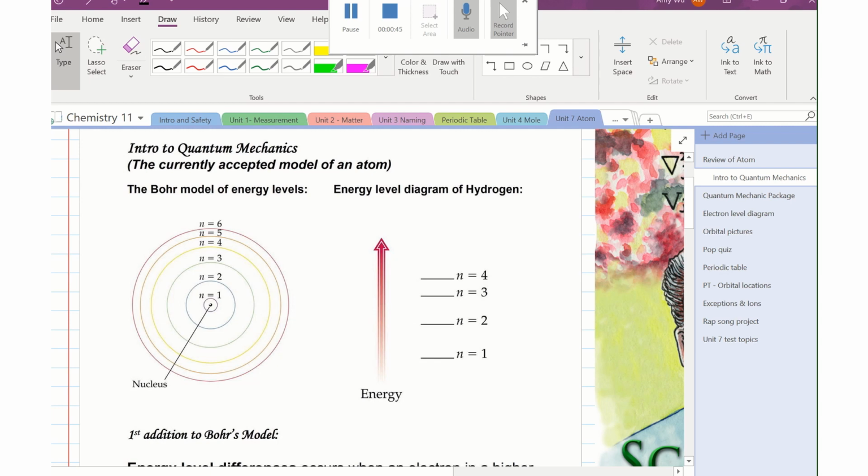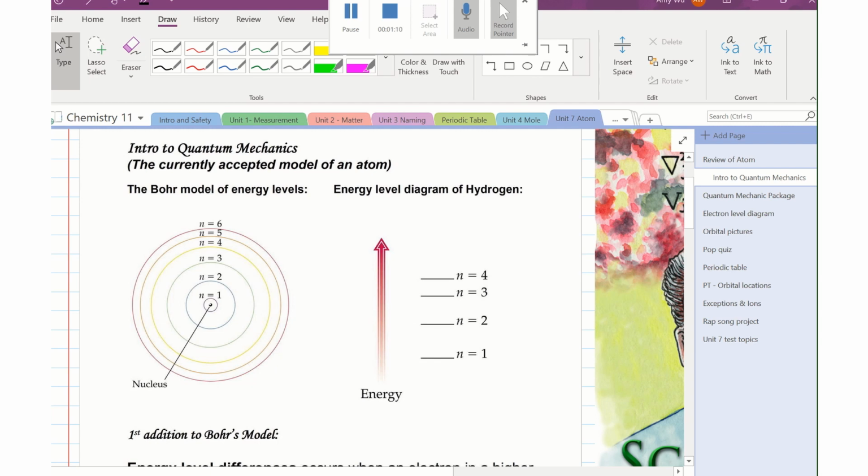Okay, so today we are getting into the theory of quantum mechanics. Basically, this is the currently accepted model of an atom. Since Bohr, there were a couple of extra additions to the model of the atom.